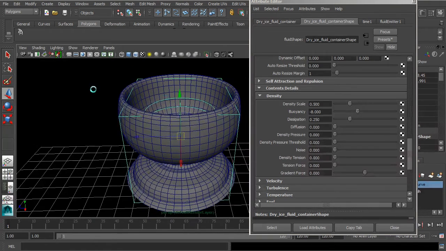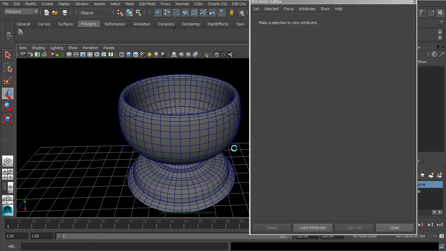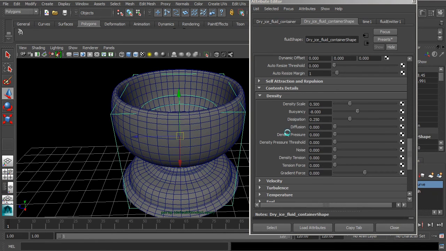Okay, and now I would like to go for the density pressure, and let's just skip the diffusion because I don't want to have diffusion for this particular reaction. For the density pressure, this is really going to be very important stuff, guys. I want you to pay attention to the density pressure in conjunction with the density pressure threshold.